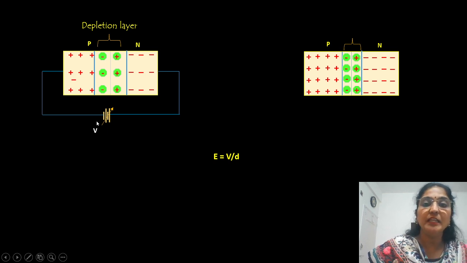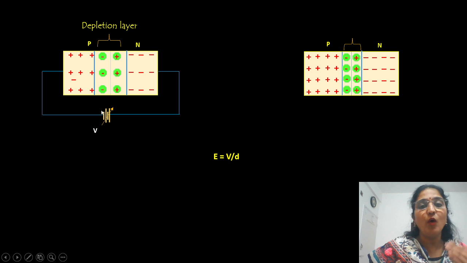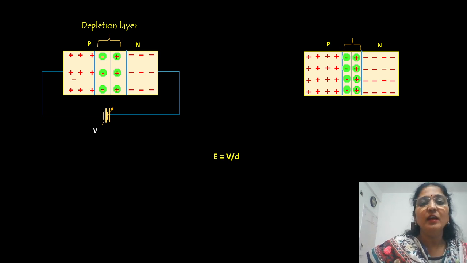When we increase the voltage beyond V break, what will happen? These minority carriers get very large energy and collide with the silicon atoms. Because of this collision, the outermost electron from the valence band of silicon goes into the conduction band and with high speed collides with another atom.